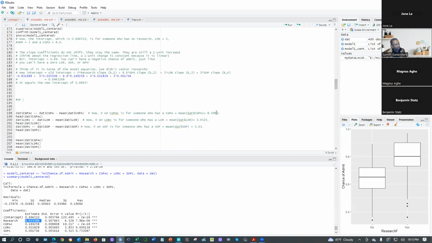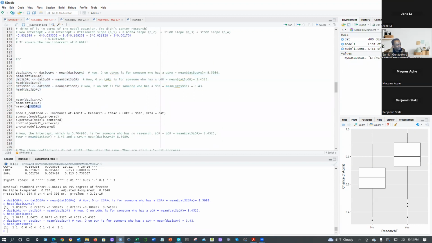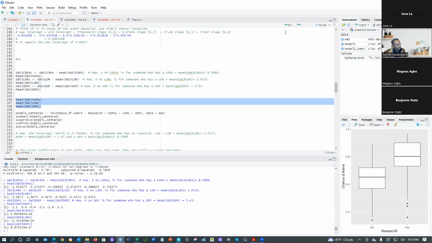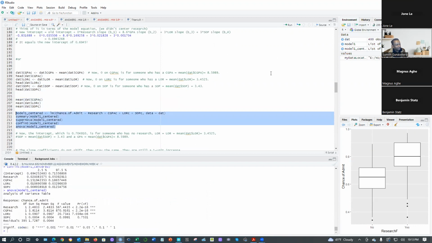So now you have this much for that to become 0. You can do it that way too. Either way is fine. And then there are means you can calculate, and you're gonna fit that in and do the same thing.